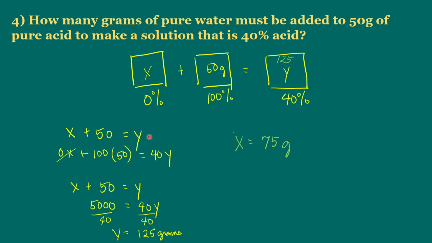In this equation, y is 125. 125 minus 50. So that will give us x equals 75 grams. Right? So 75 grams of pure water. So that's our final answer.